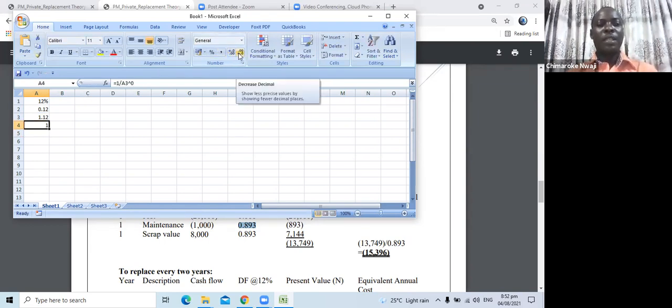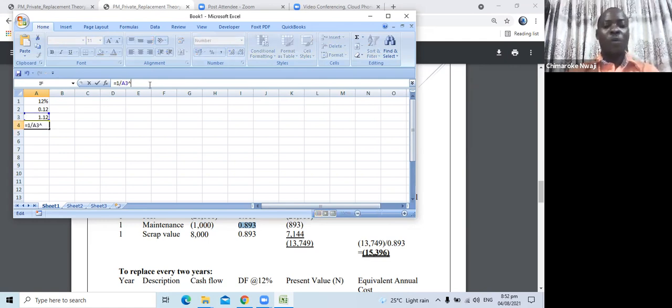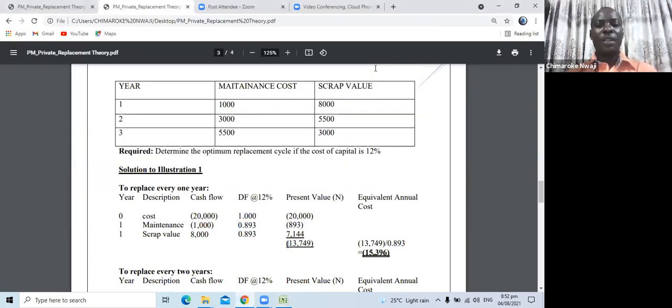Let me make it 3 decimal places. So it has given me 1. That's how I got the 1. If I change this to raised to power 1, it gives me 0.893. And that is the 0.893 that we have here.